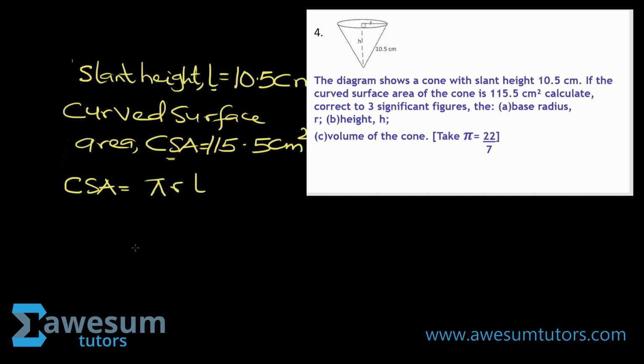If you look at this, you know the curved surface area already to be 115.5 centimeters square. We already know pi to be 22/7. We are looking for the radius.